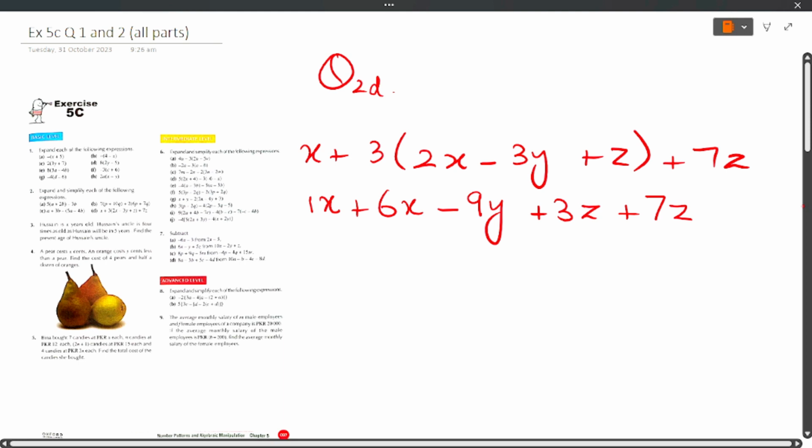So 1 plus 6 will be 7x. Y will be as it is, minus 9y, because there is no other y coefficient. So what is the constant here? Constant plus 3, and what is the constant here? Plus 7. So 3 plus 10 Z. That's the answer.